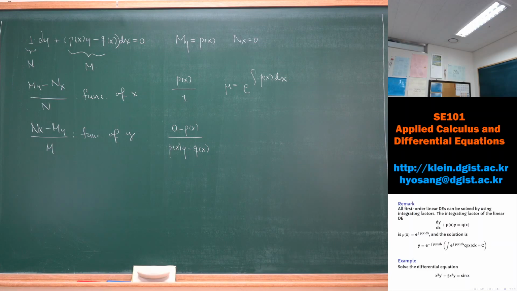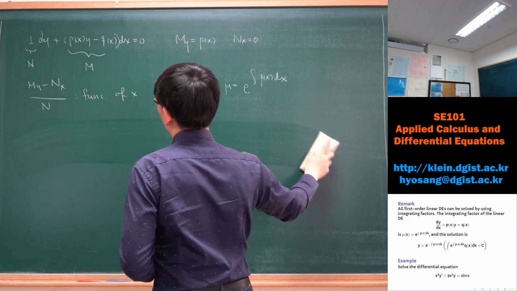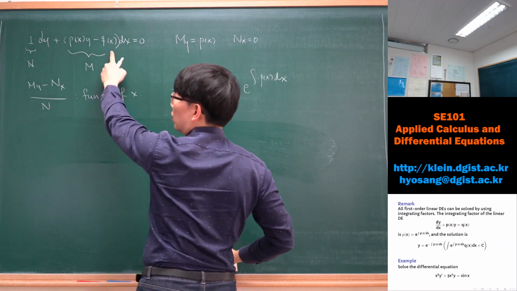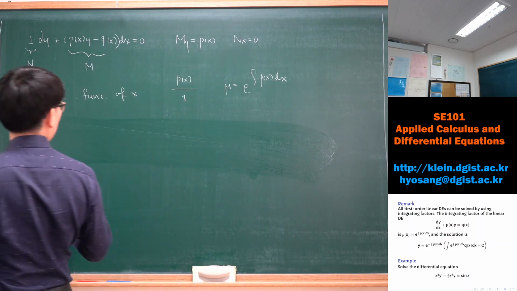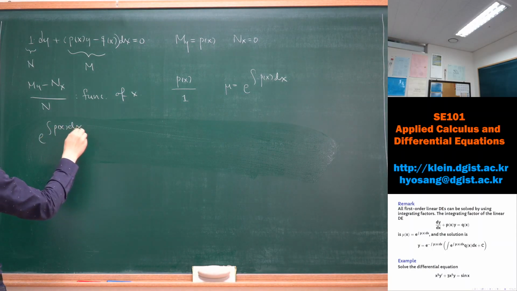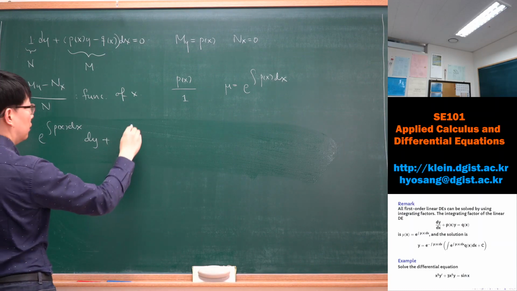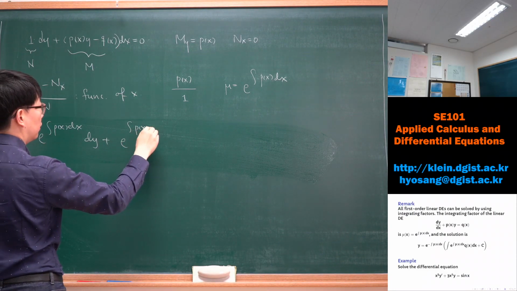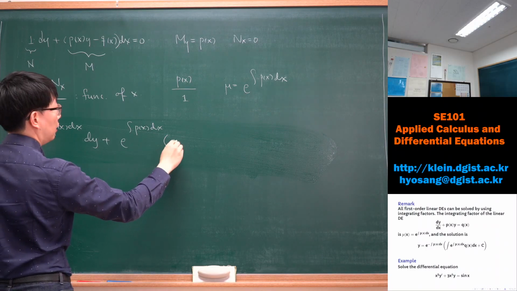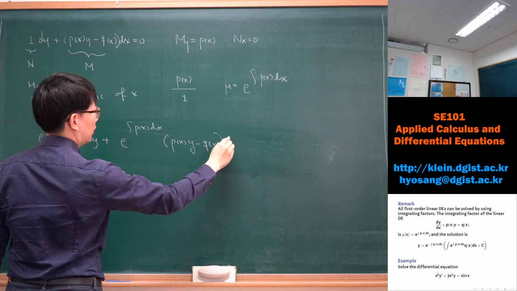So let's see what happens when I multiply this integrating factor to the equation. We have e to the integral p(x) dx dy plus e to the integral p(x) dx (p(x)y minus q(x)) dx.